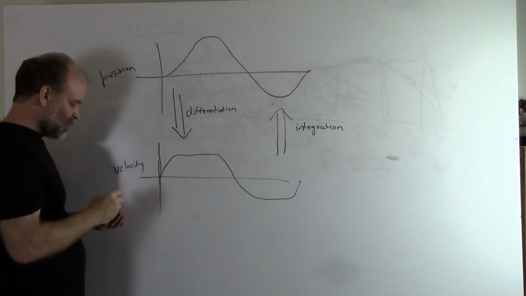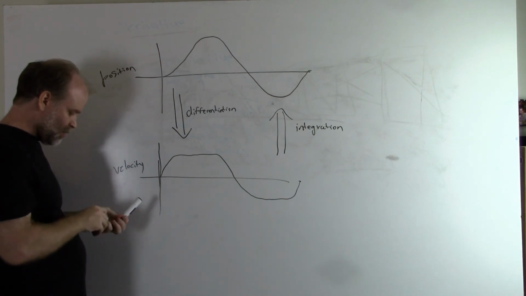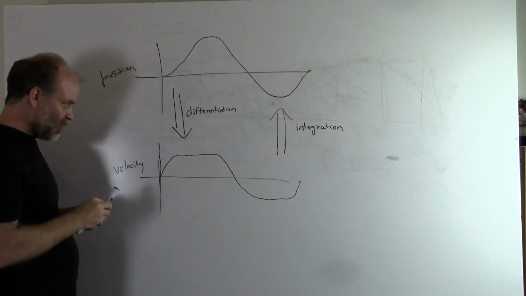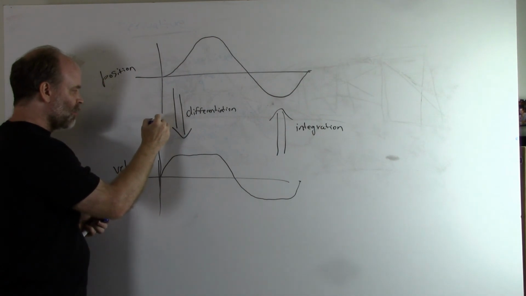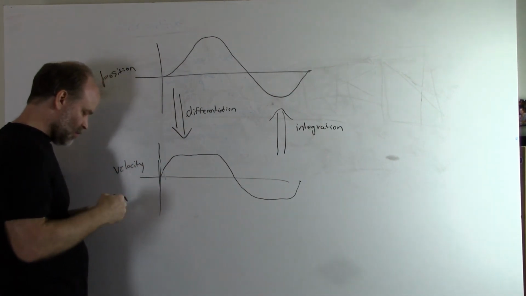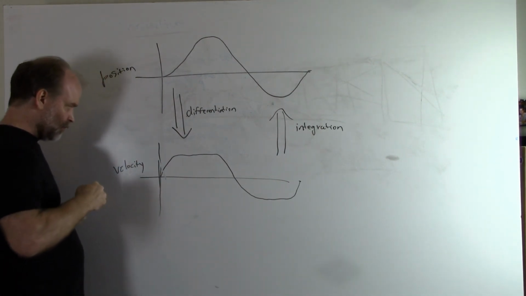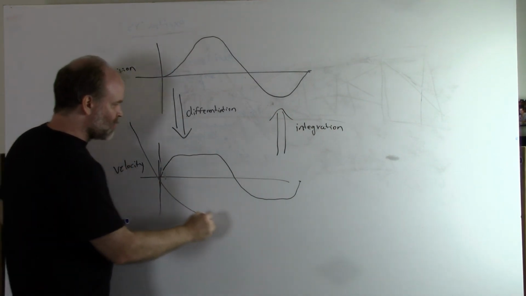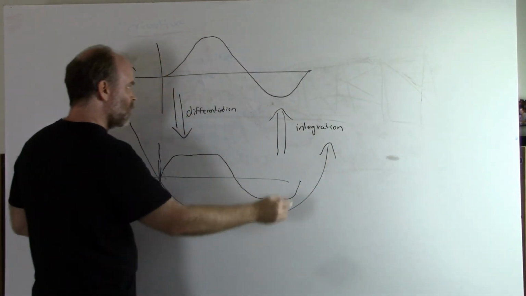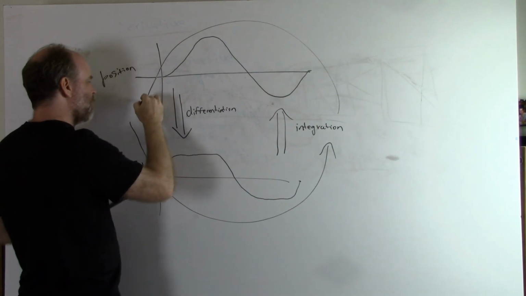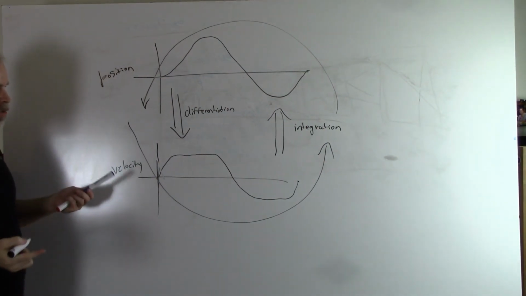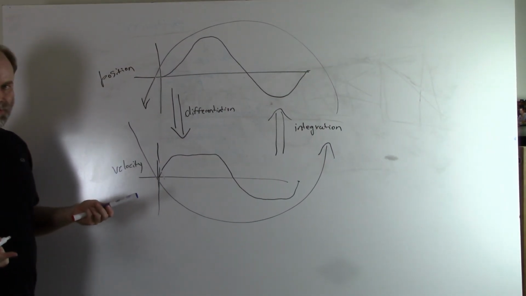So let's just try to draw a picture of that. So whether we're going this way around or whether we're going this way around, no matter what, your starting point should be the same thing as your ending point.